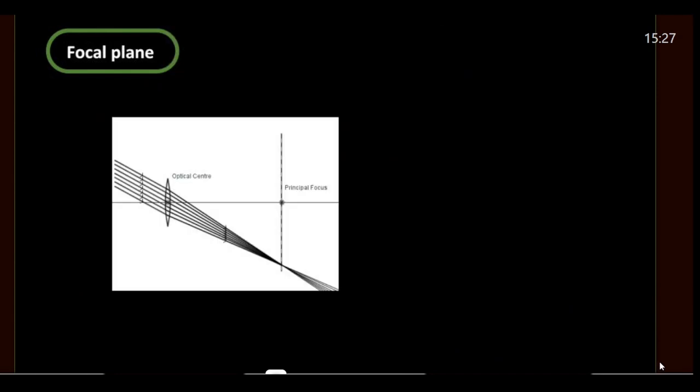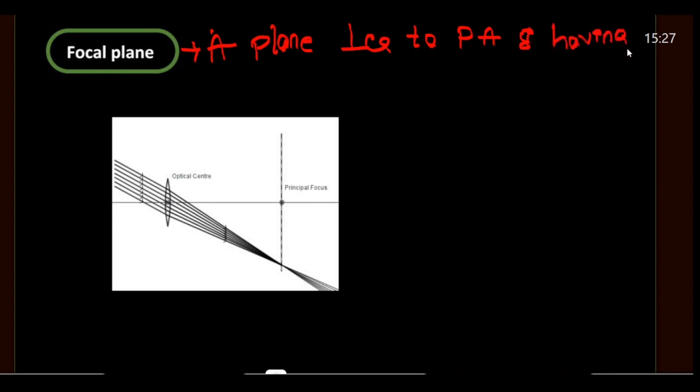Now, on this basis, we are going to discuss one more important point, that is the focal plane. So what is this plane? Simply, it is a plane perpendicular to the principal axis and having the focus point on it.